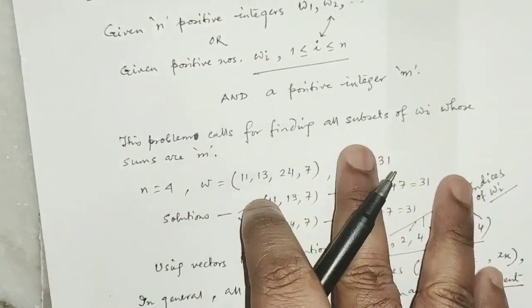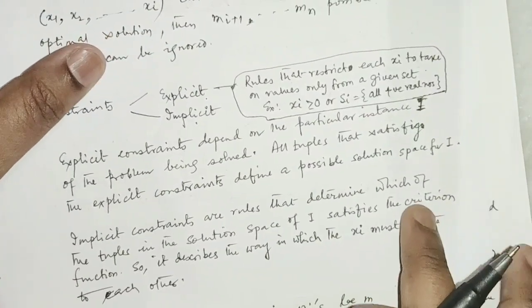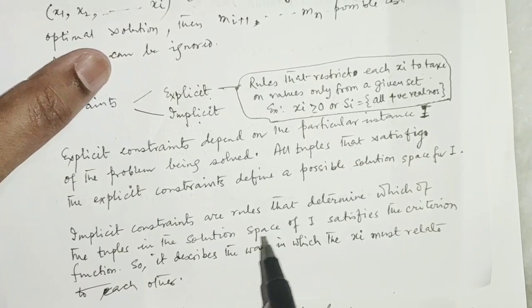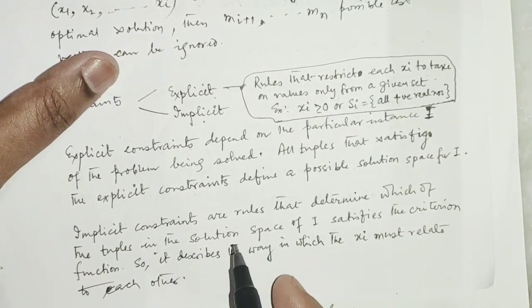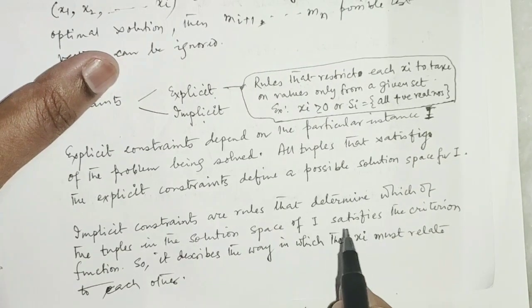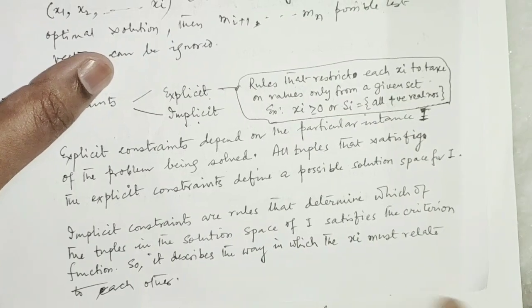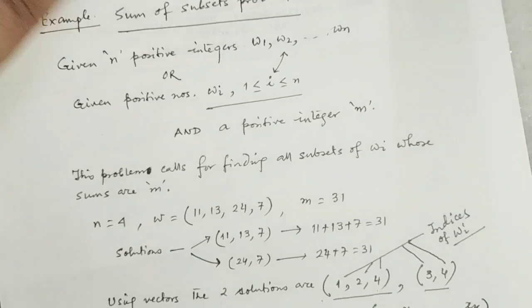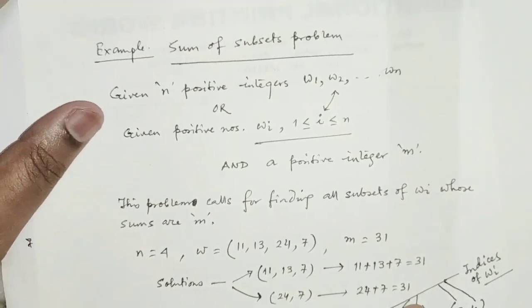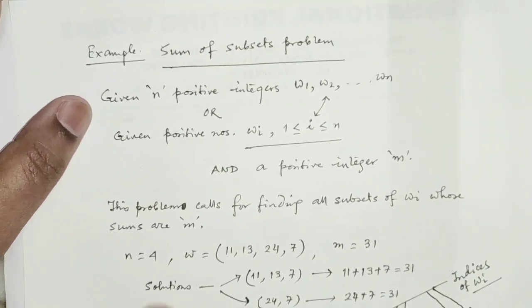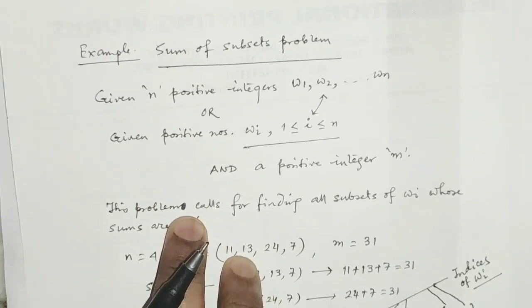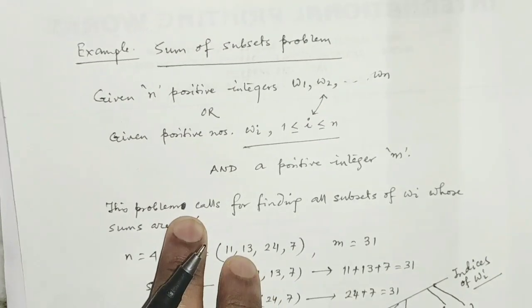So let us again go for the definition of the implicit. Implicit constants are the rules that determine which of the tuples in the solution space of I satisfy the criterion function. So we'll verify it. Okay, let us take a very simple problem. This is the sum of subset problem. Some of you may know it, it is a very simple problem.